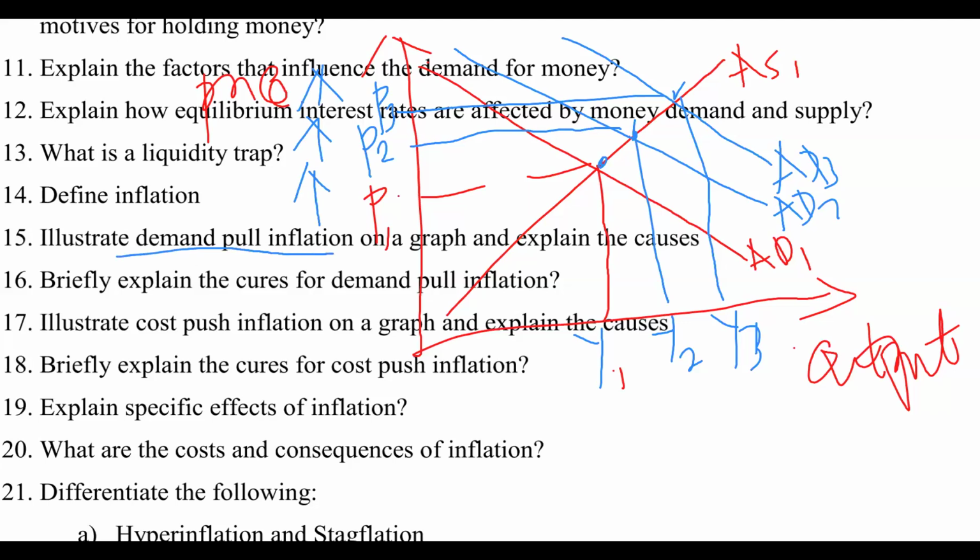And the causes of this inflation are basically the factors that increase aggregate demand. And the aggregate demand is given as follows. It is consumption, that is made up of the autonomous consumption plus the marginal propensity to consume times income minus taxes, plus the investments, right?